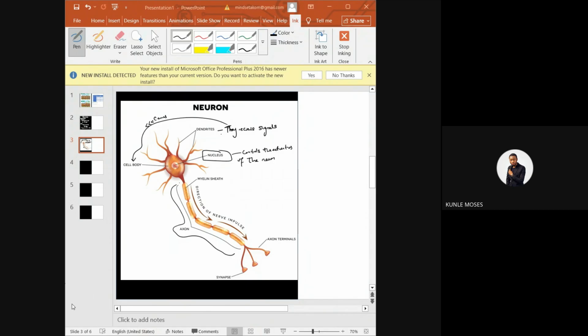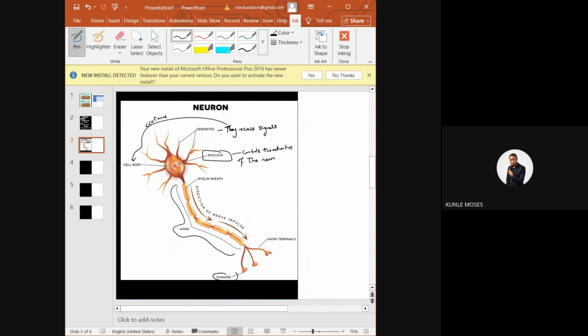And the last one, which is the synapse. What it does is that it helps to permit communication between neurons using chemical signals. So nerve impulses cannot jump directly. They can only cross this gap using the neurotransmitters.